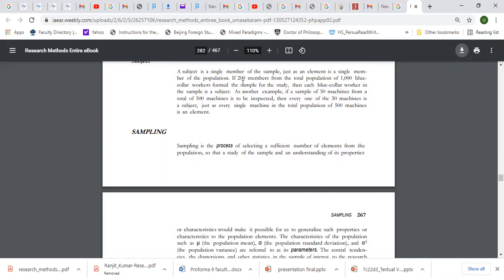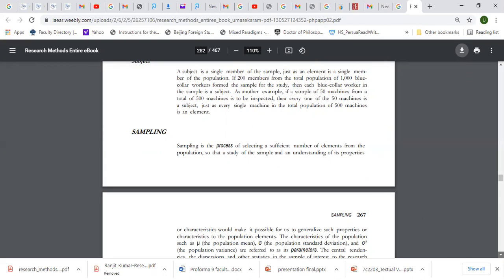So that subject is actually the part of your study, the part of your population. Sometimes you may also say respondent as well, like the one who has given you the answer. If you are conducting interview, it varies from research to research. You can use respondents as well, but subject is that one specific term that we use for that one person or single member of the sample.